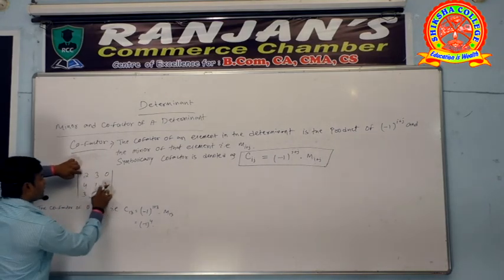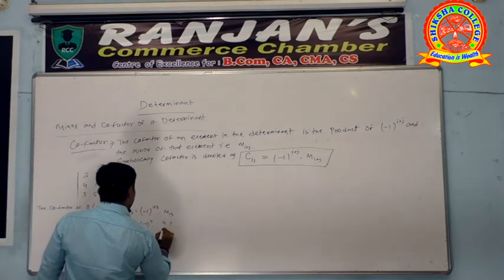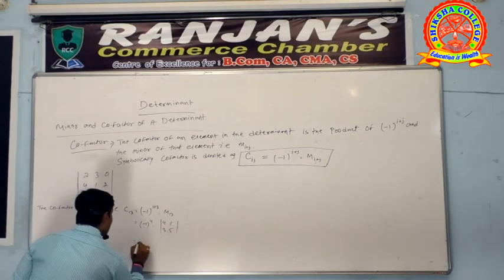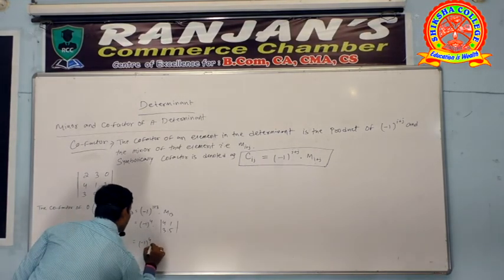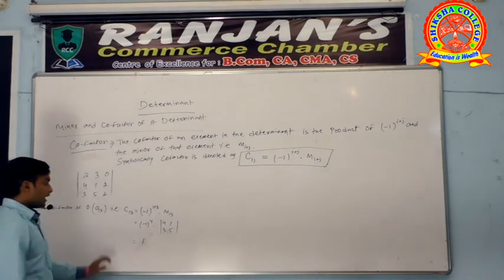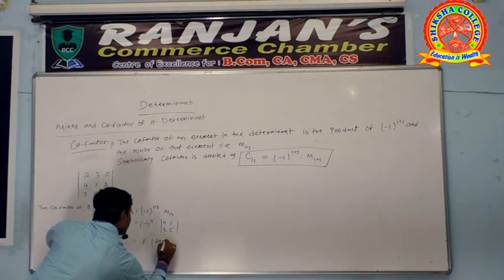Delete this row and column. What is left? 4 1 3 5. Clear? Now minus 1 to the power 4 means plus 1. Plus 1 into 4 times 5 is 20 minus 3 times 1 is 3.